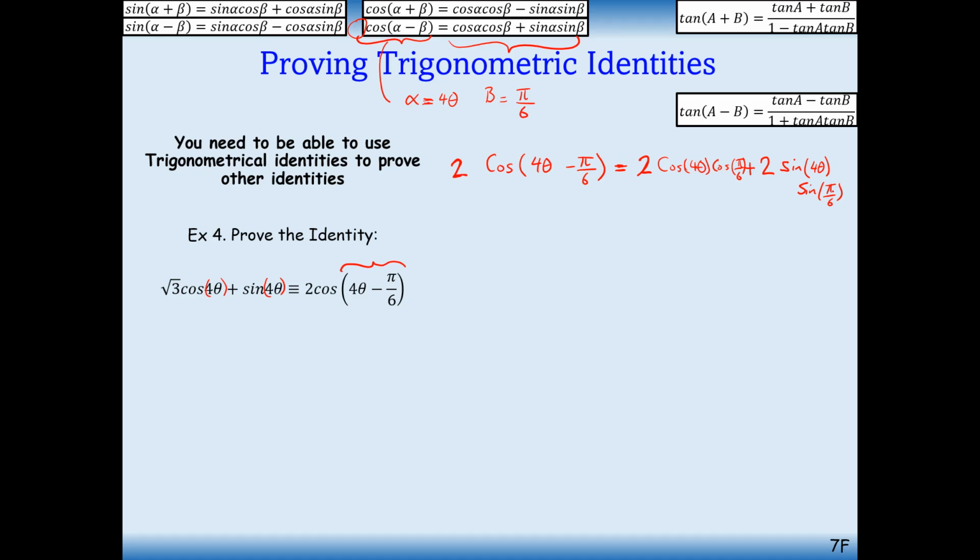Now sine of pi over 6 is a half. Okay, so I can evaluate sine of pi over 6, and cos of pi over 6 is going to be root 3 over 2.